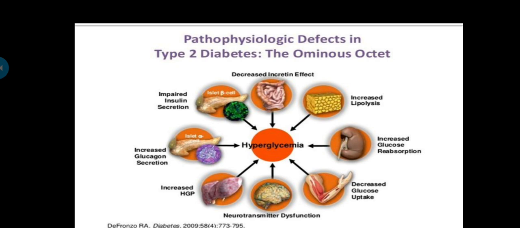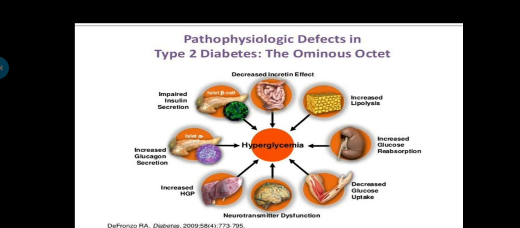If you start from the left, one is increased glucagon secretion. That is a defect in diabetes. Often insulin is normal, but excess glucagon effect can cause hyperglycemia. There is impaired insulin secretion, which is seen in type 1. Then decreased incretin effect.